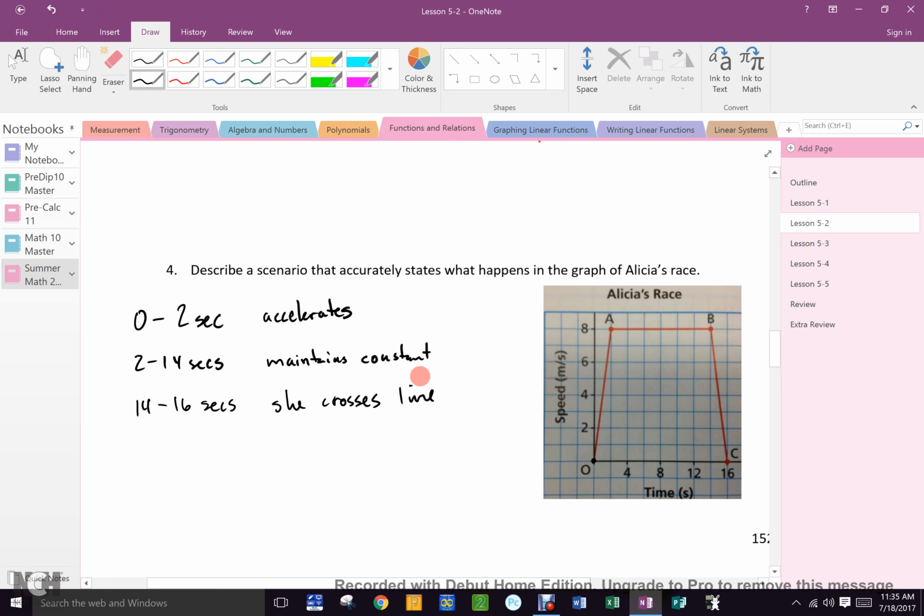Okay, if she stops, that must mean her speed goes to zero. So why isn't it a straight up and down line? Because it takes time to stop, unless she runs into a wall. Then it's an up and down line. Everybody good?